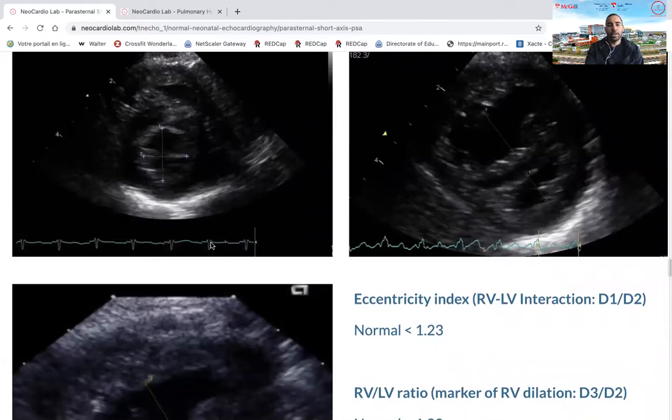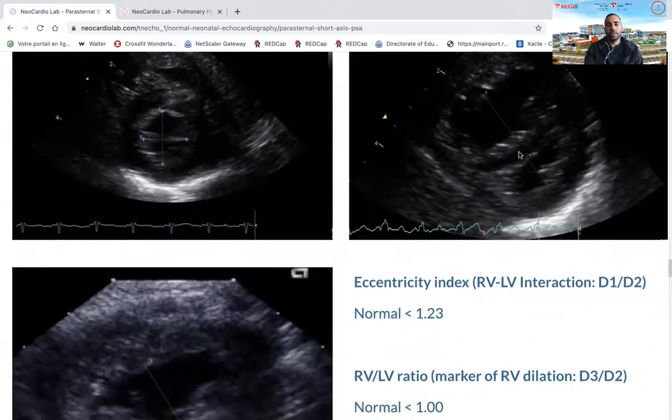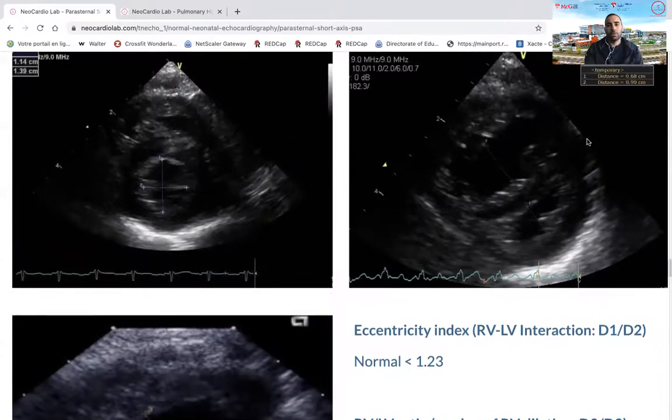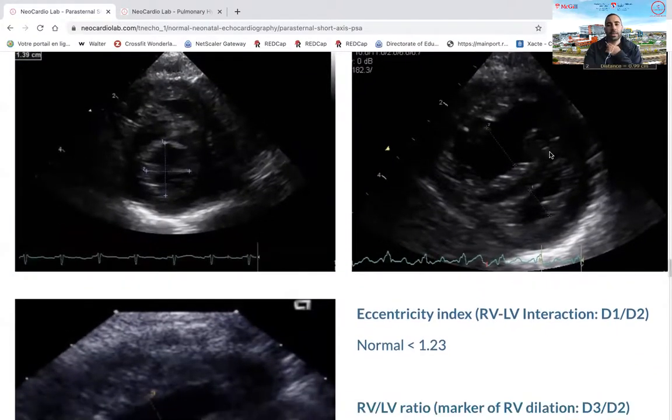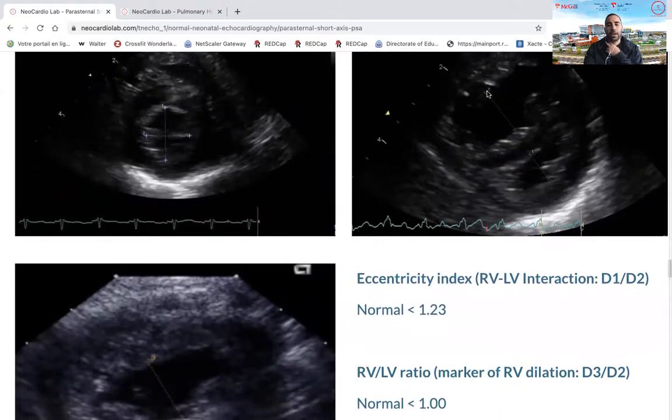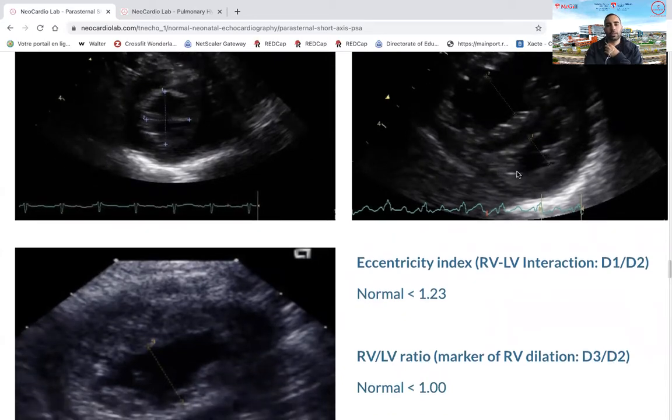So that's an example at the end of systole. You can see the QRS, there is contraction, and at the peak of systole, you can see that this patient has a very round left ventricle and a relatively nice, thin, crescentic right ventricle, while this patient with some degree of pulmonary hypertension has an RV cavity that is quite dilated and actually more dilated than your left ventricular cavity, which looks D-shaped.